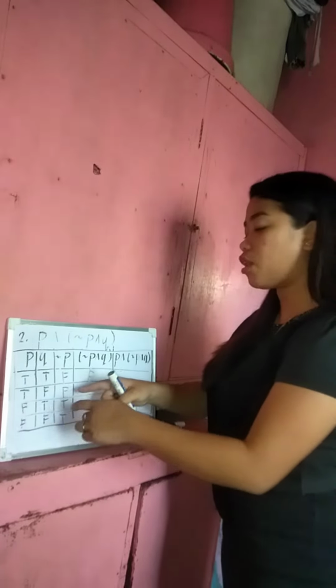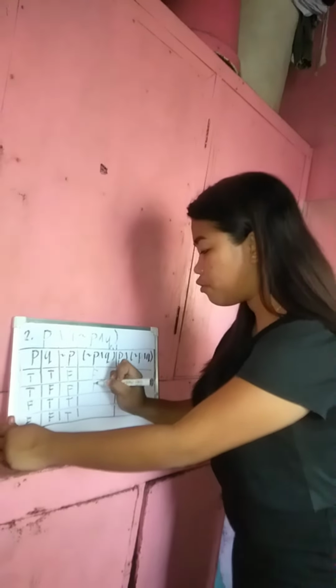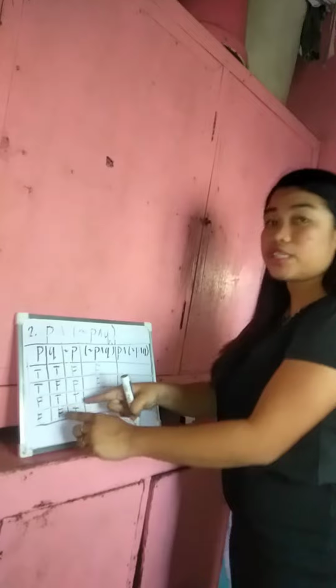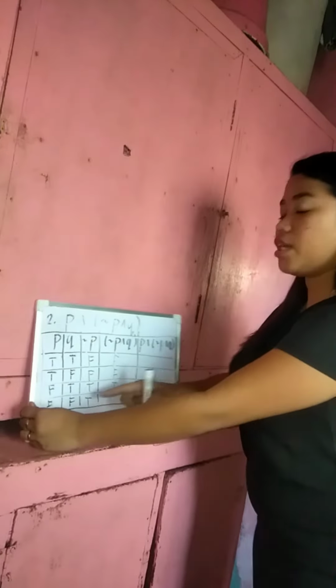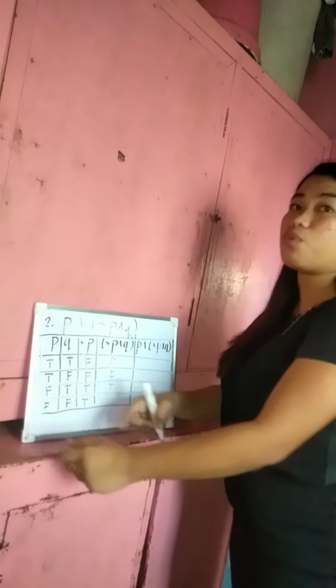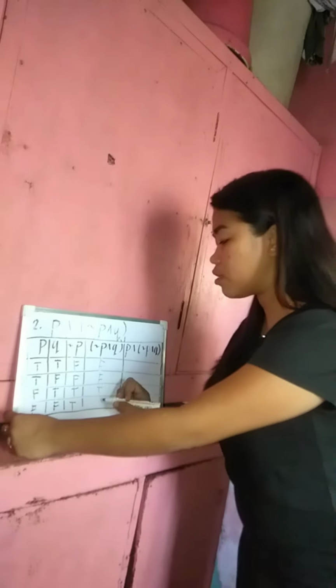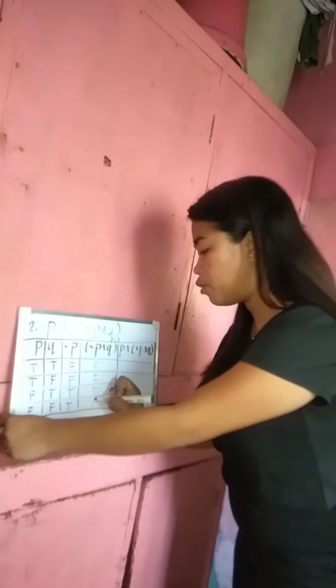And 2 statements are false, so this would be false. And 2 statements are true, so this would be true. And 1 statement is true and the other 1 statement is false, so the entire statement would be false.